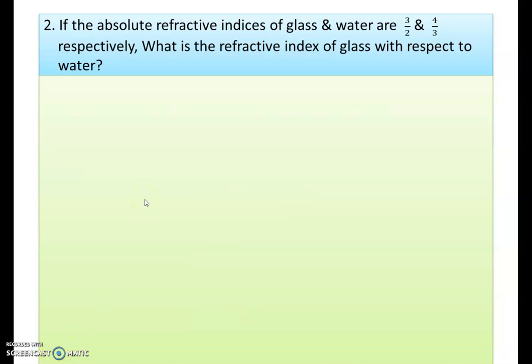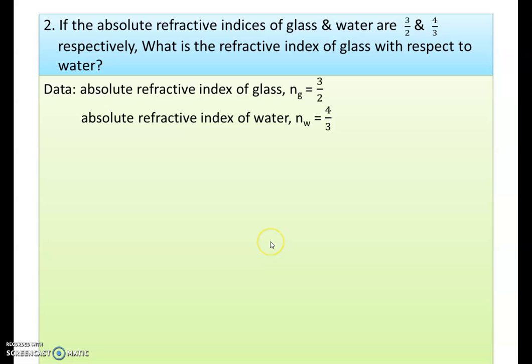Now we will take one more example, a somewhat complicated problem. If the absolute refractive indices of glass and water are 3/2 and 4/3 respectively, what is the refractive index of glass with respect to water? First of all, we will find out the data from this problem.